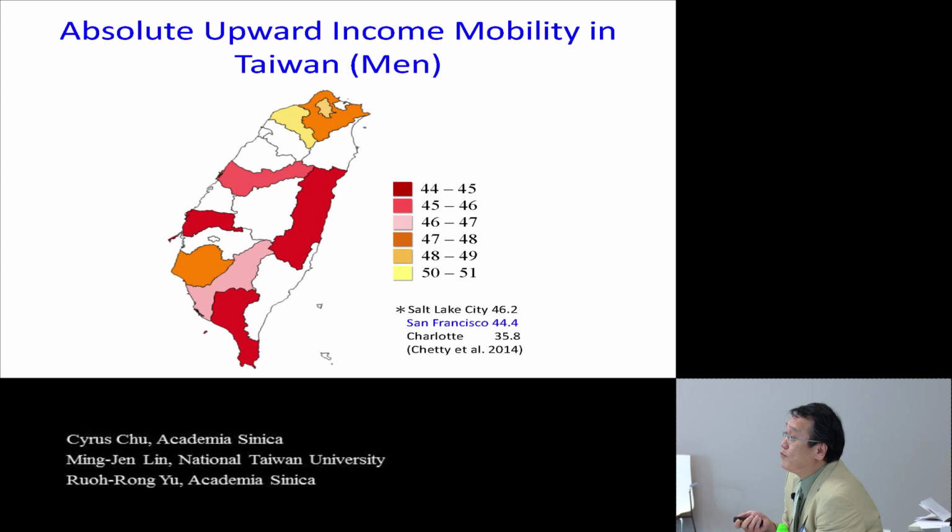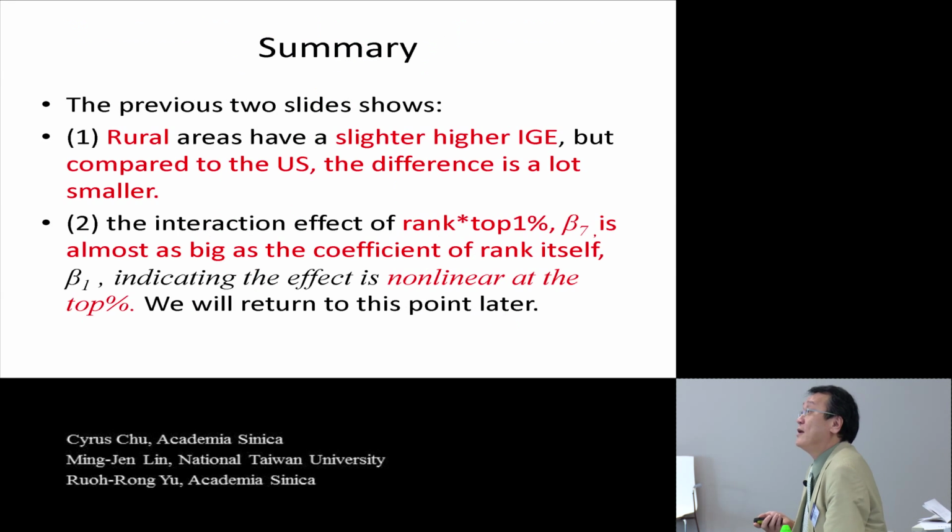So let me give you a brief picture. Urban area is here. This is the poorest county, the poor county, shown in red. If you want to compare, the lowest in the United States is Charlotte, 35.8. The highest is Salt Lake City. I have no idea why Salt Lake City has the highest upward mobility expected rank, but that's the situation.